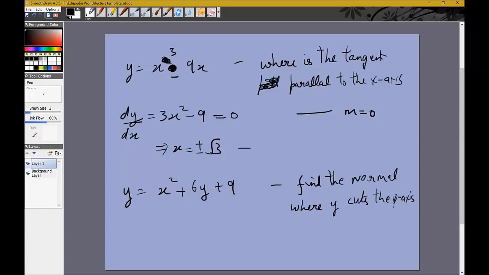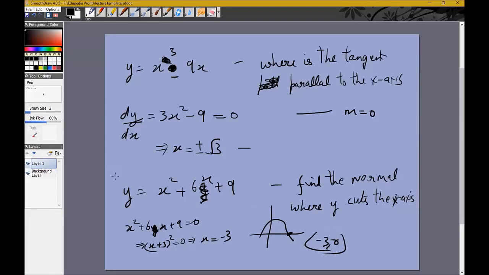These are just different words to give you different mathematical conditions. y cuts the x-axis simply means that the value of y is 0. So you just take this to be 0: x squared plus 6x plus 9 is equal to 0, which gives you x plus 3 whole squared is equal to 0, which means x is minus 3. So what is y? That is 0. So minus 3 comma 0 is the point.